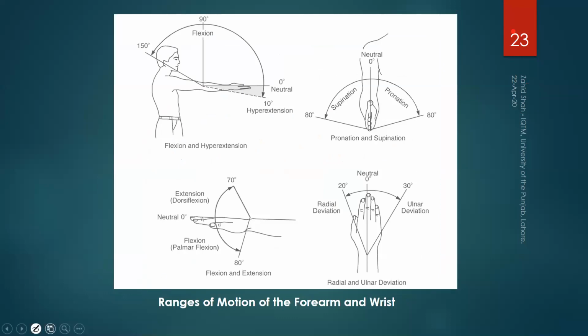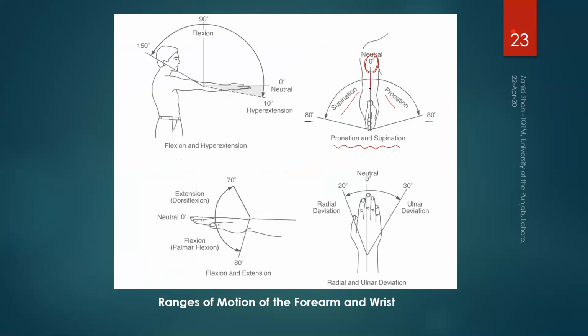So here again, you may recall from the discussion on joints. For example, here it is shown pronation and supination. So the range of movement of the lower arm with respect to these two movements, supination and pronation, is from 80 degrees to 80 degrees on either side. So this is the neutral posture, this one, 0 degree.